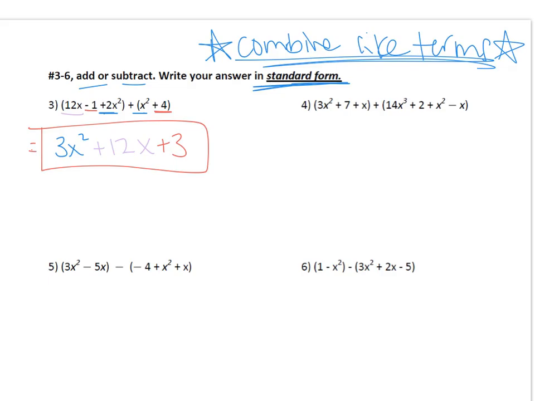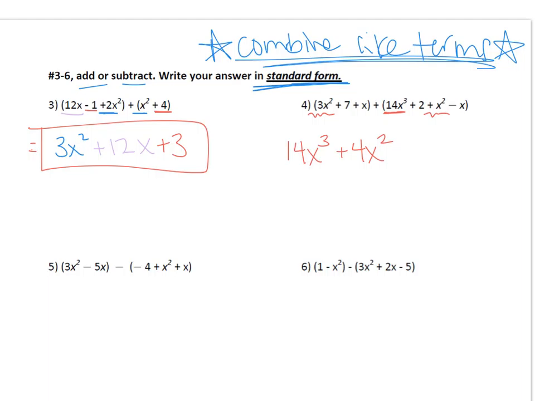Okay, number 4, same process. Let's write it in standard form. 14x to the third is by itself, so I'm just going to rewrite that term, 14x cubed. The next one in descending order looks like it's going to be x squared. So those are like terms. We're going to combine those. 3 plus 1 is 4x squared. Don't do anything with the exponents.